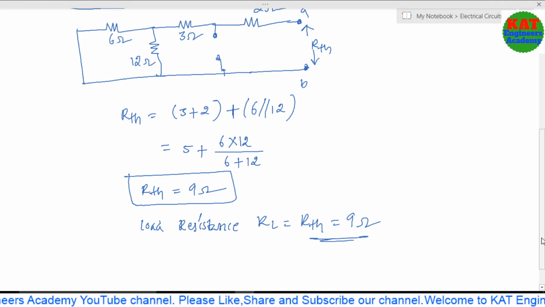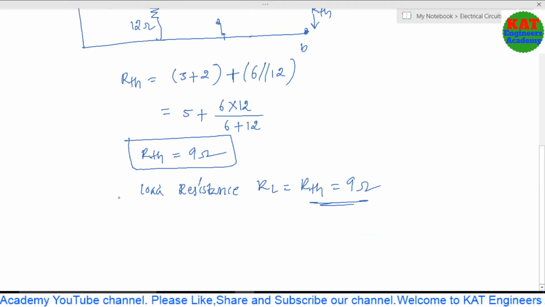Next they are asking what is the maximum power also. In order to find the maximum power, the formula is P equal to V square TH by 4 RL, or V square TH by 4 RTH. So in order to evaluate the maximum power we have to calculate the VTH also.